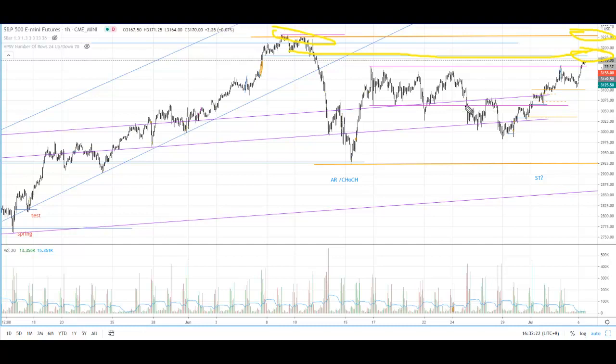But overall, I think we might still be stuck within this big range, 3230 to around 2930 or 2925.